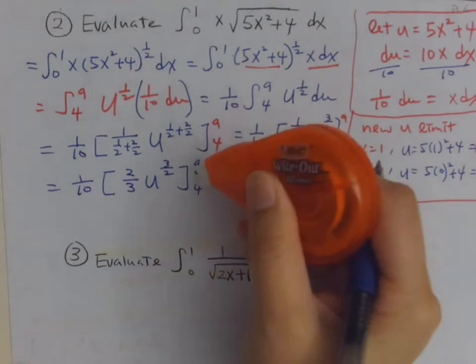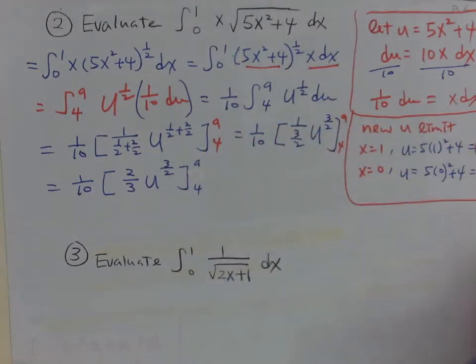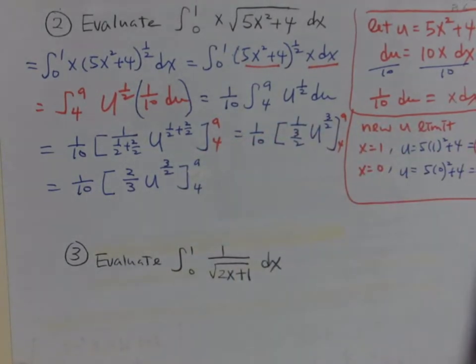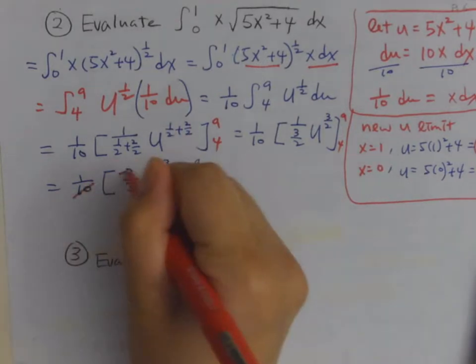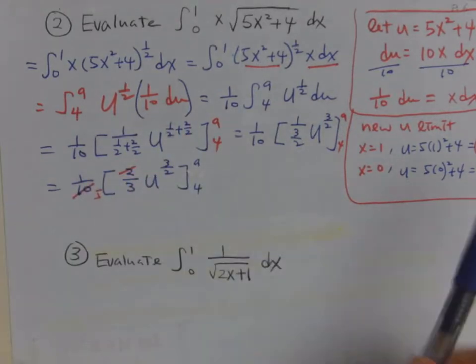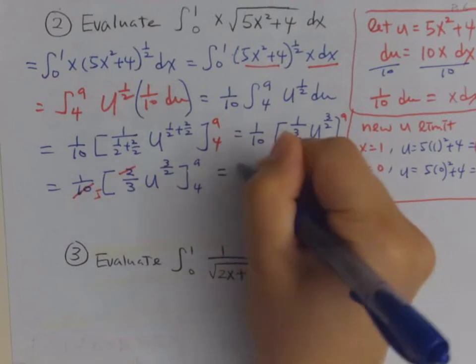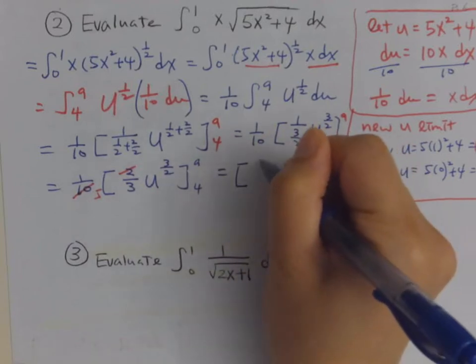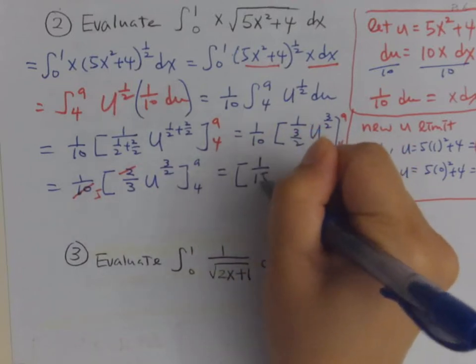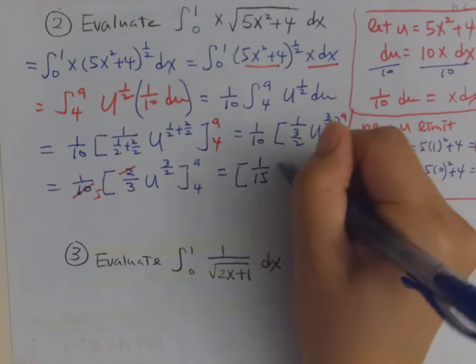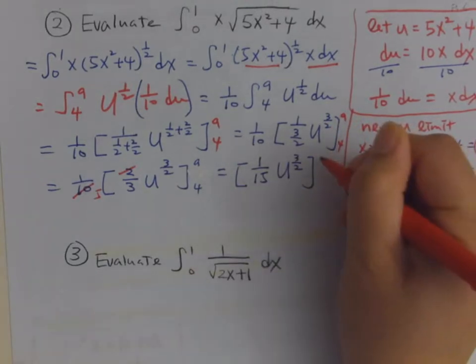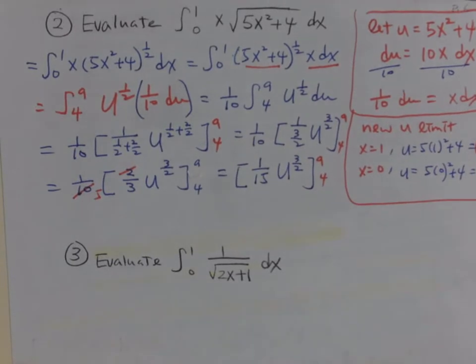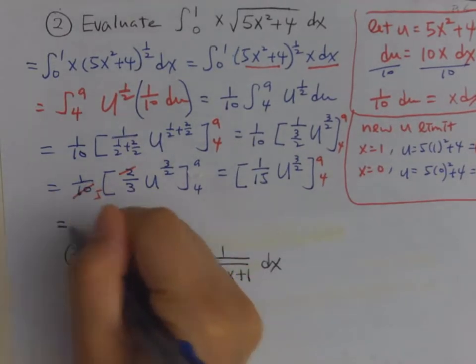Now what? Looks like we can reduce it a little bit. That would be 1/5, and then this would be 1/15, right? And then u to the 3/2, and I guess we are ready to plug it in. So plug in the upper limit, subtract the lower limit, right?